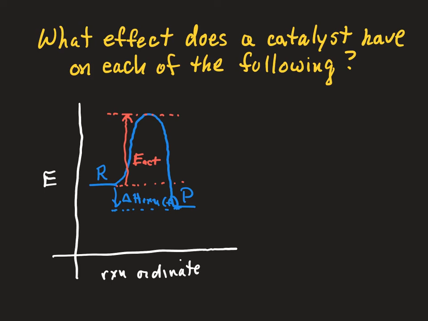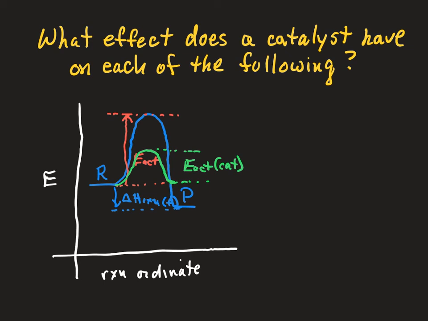So if a catalyst is going to make the reaction go faster, what it has to do is take the reaction by a path that has a lower activation energy. So this becomes our lower activation energy in the presence of our catalyst.